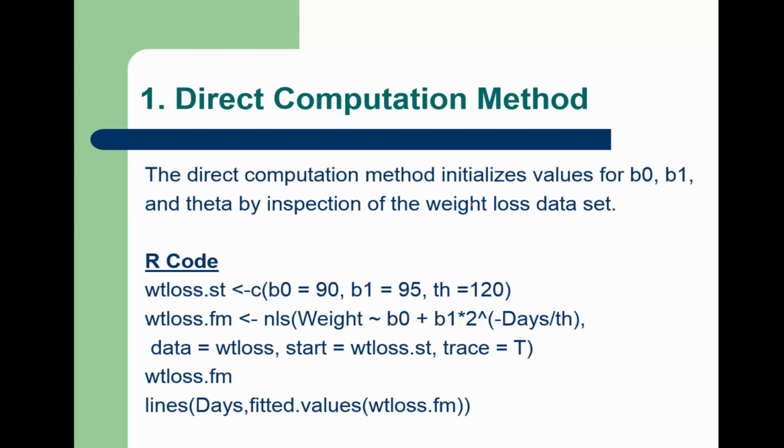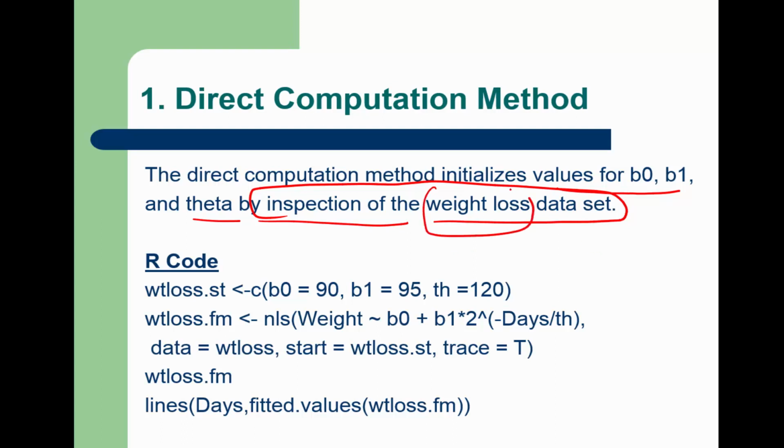In the direct computation method, we initialize the values of beta naught, beta 1, and theta by inspection of the weight loss data. So initialization of the parameters is done by manually inspecting the weight loss data. Weight loss is the dependent variable, right? Yes. So this is the R code that we have with us.